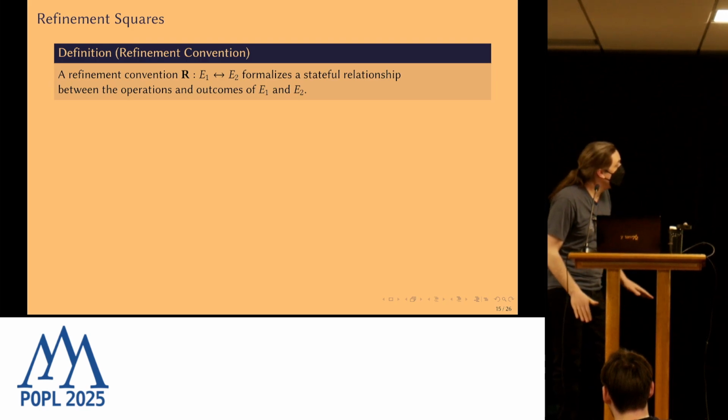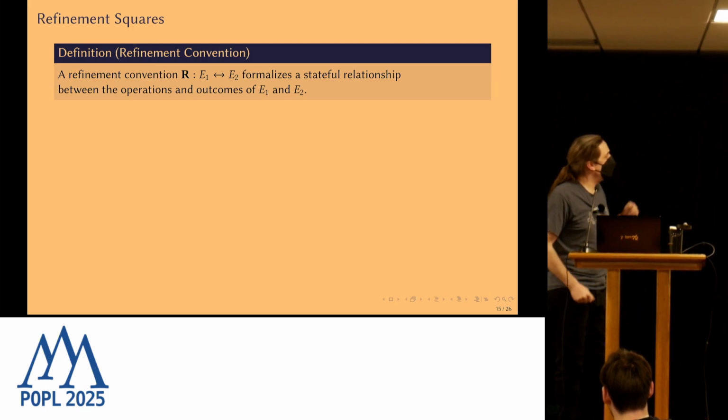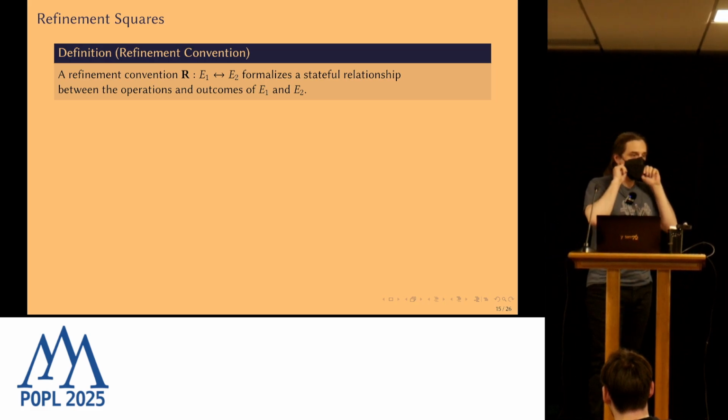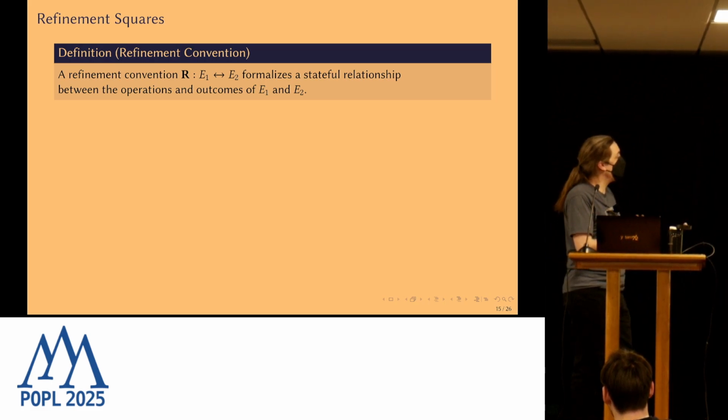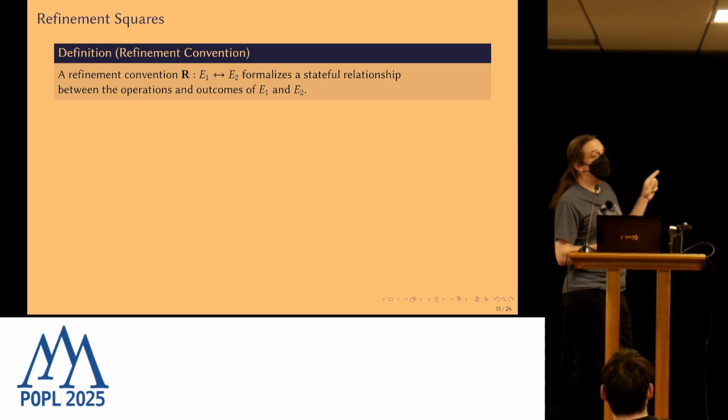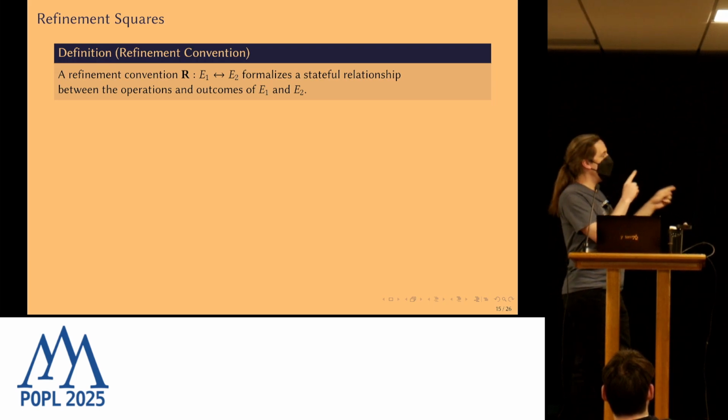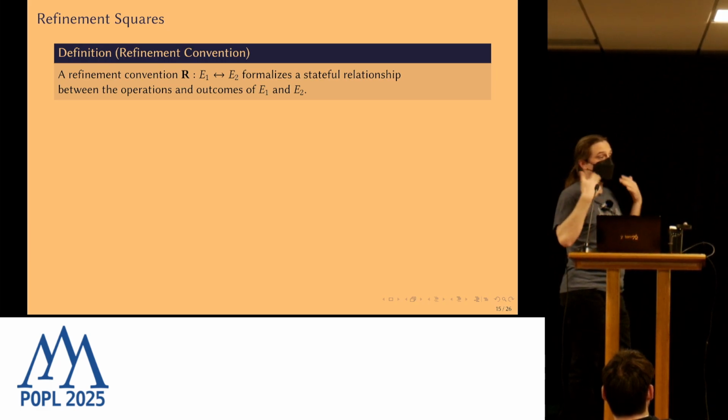All right, so things now are getting interesting because we're going to talk about our refinement squares. So the magic ingredient here is this notion of refinement convention. And this refinement convention is going to tell you how the operations of E1 and E2 correspond to one another, but in a way that can embed some state and be history sensitive, right?